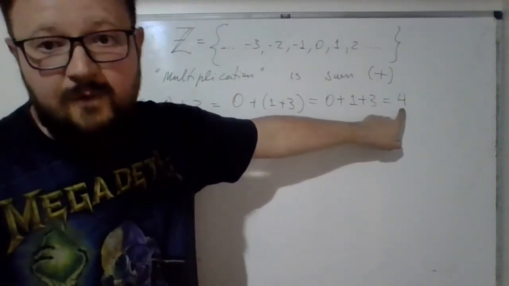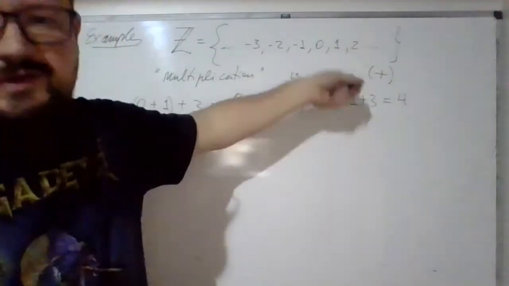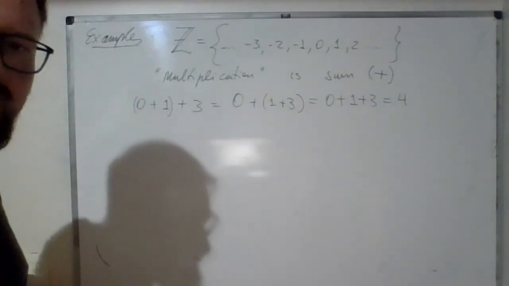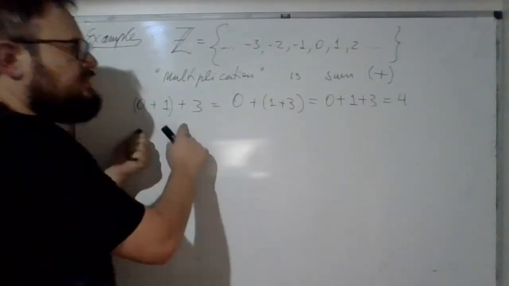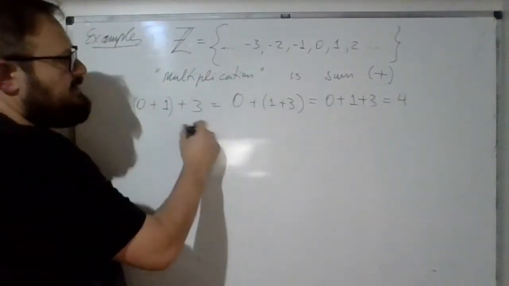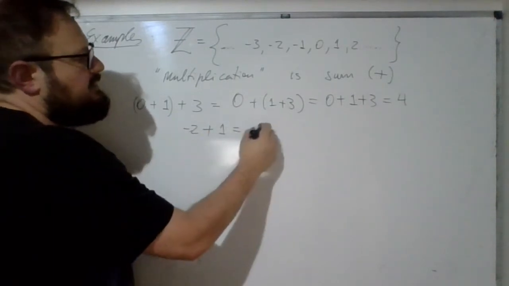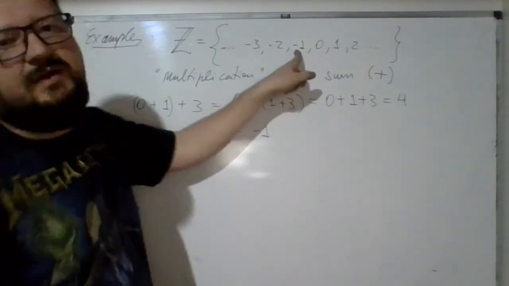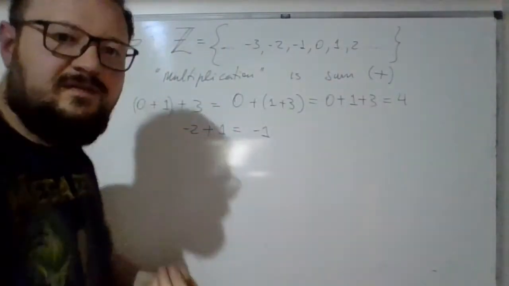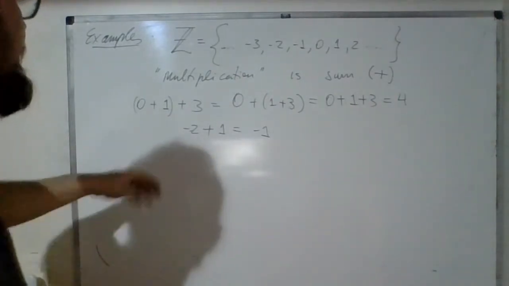So 4 is an element of the set. So it is associative, and the result of any operation, for instance, minus 2 plus 1, is minus 1. Minus 1 is in the set. All right, so it satisfies associativity, and it satisfies the closure of the elements.